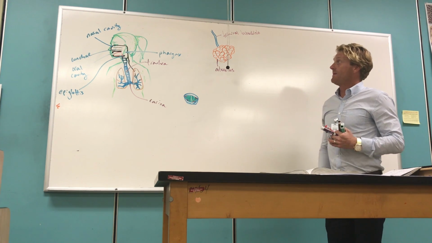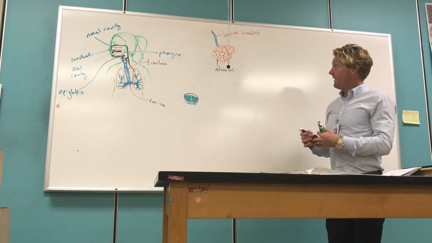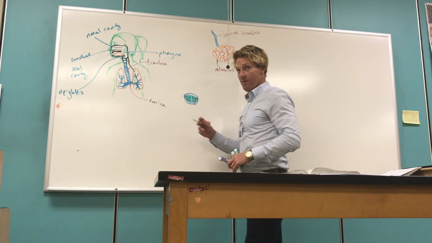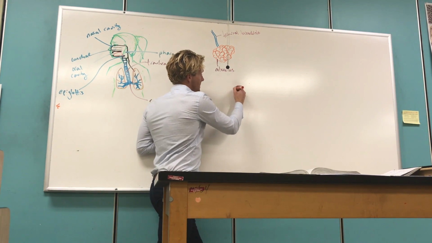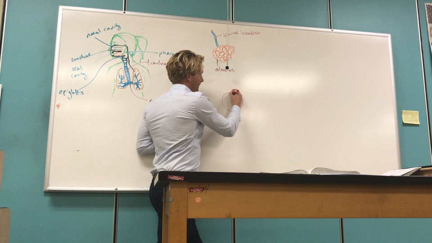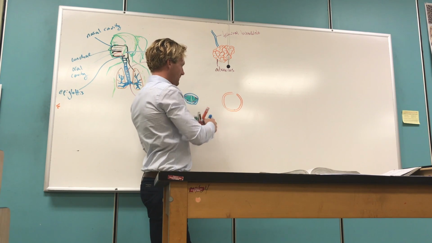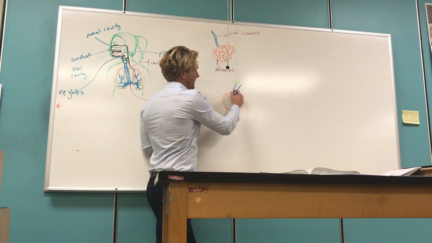Let's look at what happens inside that alveolus. So here I'm going to draw a single alveolus. You're going to have an alveolus that looks like this. Here's the terminal bronchiole, kind of comes in.